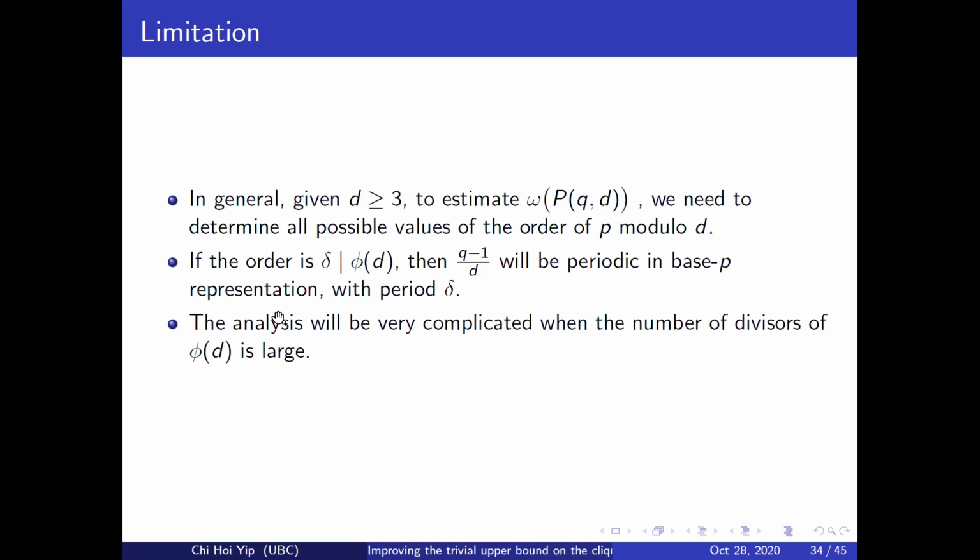So we can see that if the number of divisors of phi D is very large, then Q minus 1 over D will have many different patterns. So the argument will be very complicated, because for each different pattern of Q minus 1 over D, we need to provide a particular way to find a little n optimally.